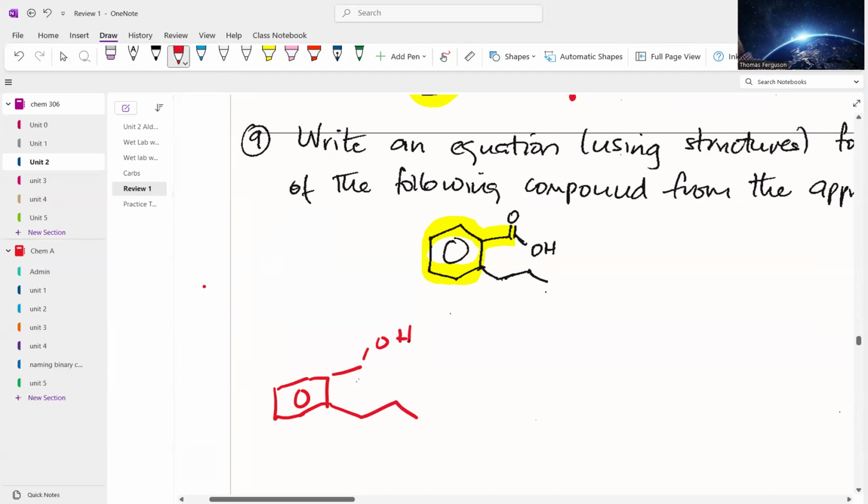So what happens to the primary alcohol if we oxidize it? It forms an aldehyde. So let's see, let's do this a little differently.